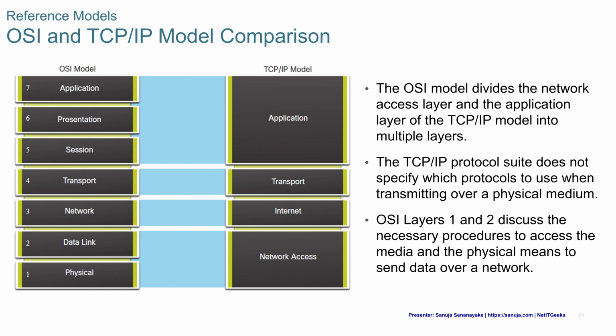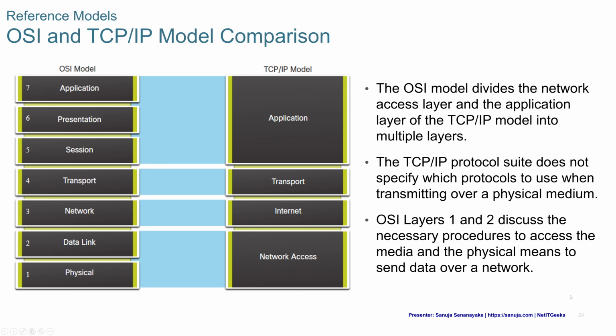Here is a brief comparison again of the OSI and the TCP/IP models, which I did at the very beginning of this lecture as well. The OSI model divides the network access layer and the application layer of the TCP/IP model into multiple layers.